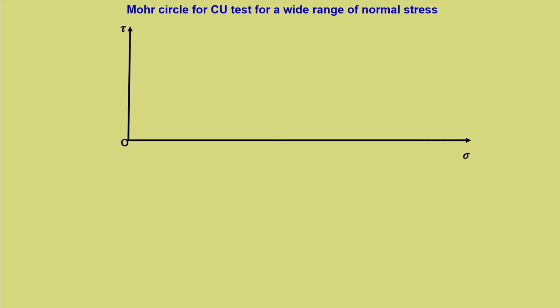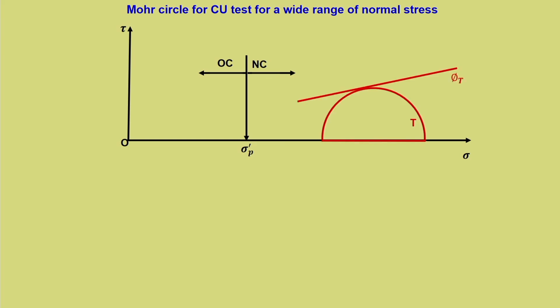So, tau versus sigma. Let us first draw the pre-consolidation pressure. Sigma dash p is the pre-consolidation pressure which divides the behavior into OC and NC. So, let us say the total stress circle for NC, which gives phi t, and this passes through origin.